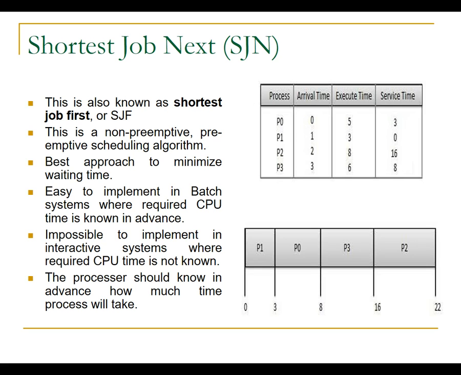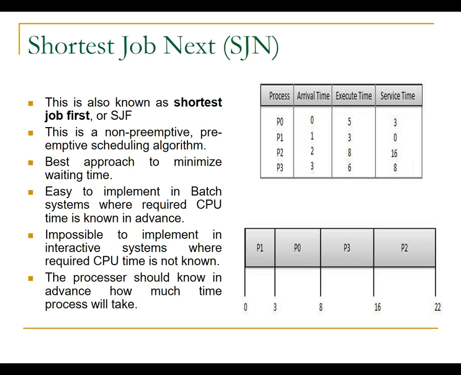individual processes get executed by the central processing unit, while in shortest job next, the entire bunch, group, batch, division, whatever word we use, executes at the same time. So this is the benefit of using shortest job next.